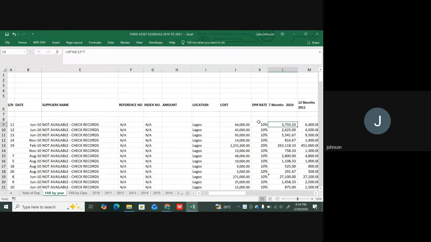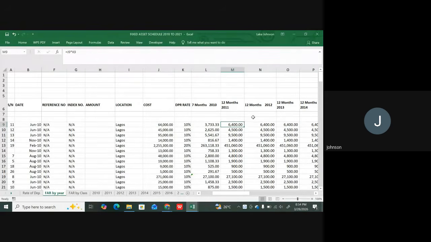Whatever answer you get times 7 over 12, you're still going to get the same result. So this is for 7 months, and that is how we are able to do all of them. So the first year, which is 2010, this asset is going to be only 7 months you're going to deduct.